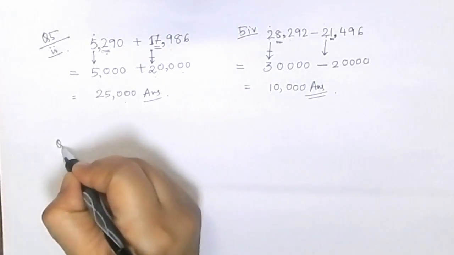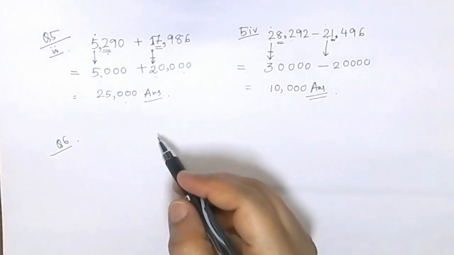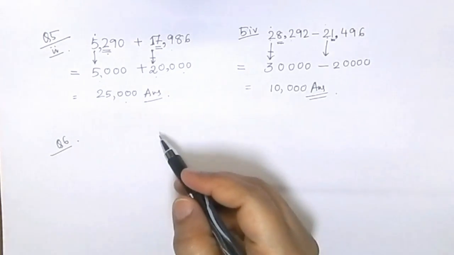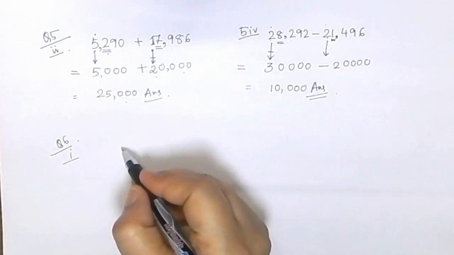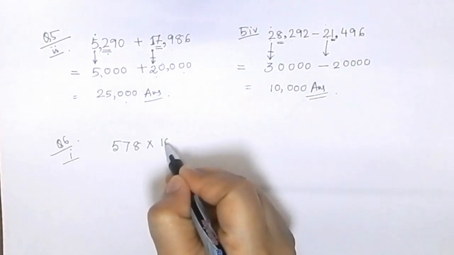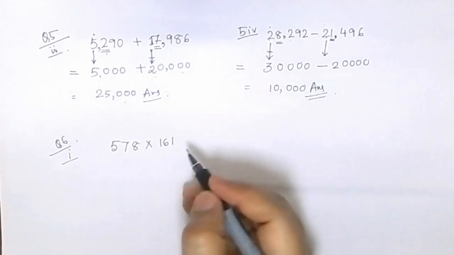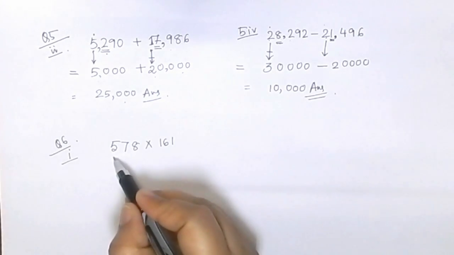Let us do question number 6. Question number 6 says, estimate the following products by rounding off each of its factors to its greatest place. Part 1: 578 into 161. The greatest place in both the cases is the hundreds place. So this one will become 600. Why?